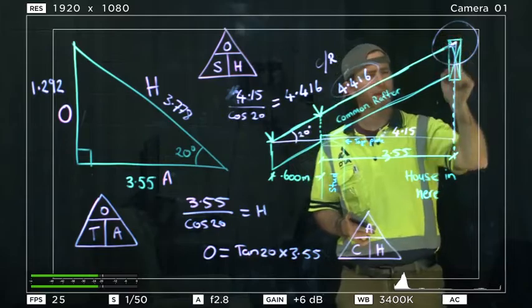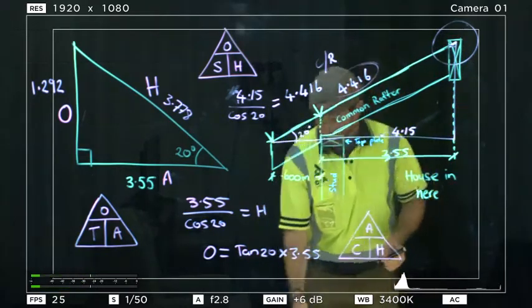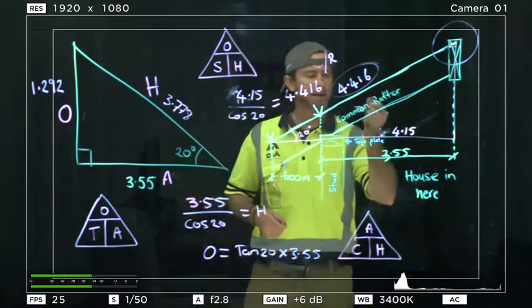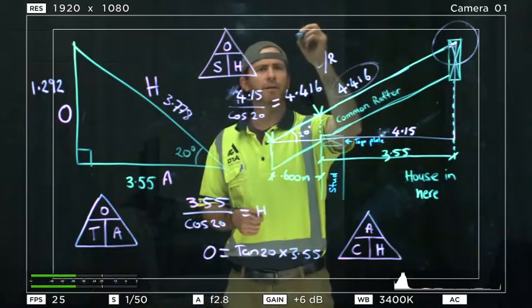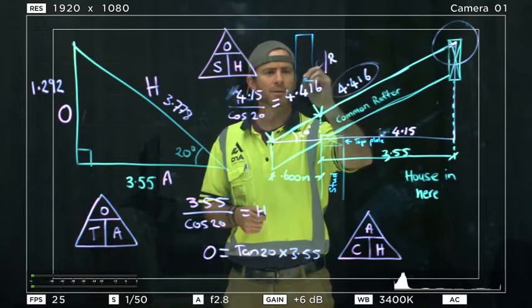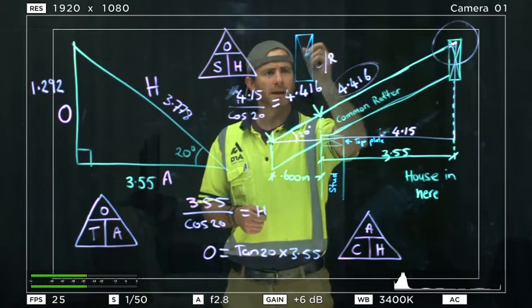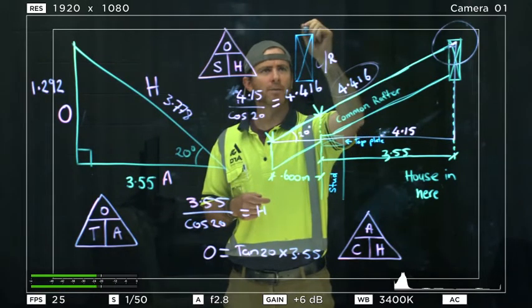Now, to do that, we need to draw another triangle. So I'm going to go to blue now. It seems to be a popular colour. We're going to draw a little triangle. So if I start by drawing my ridge board, and let's say my ridge board is 45 mil.